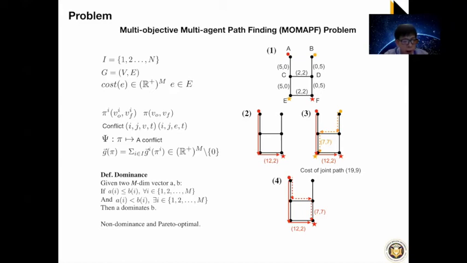And among all paths connecting the start and the goal, the subset of paths with non-dominated cost vectors is called the Pareto optimal set.